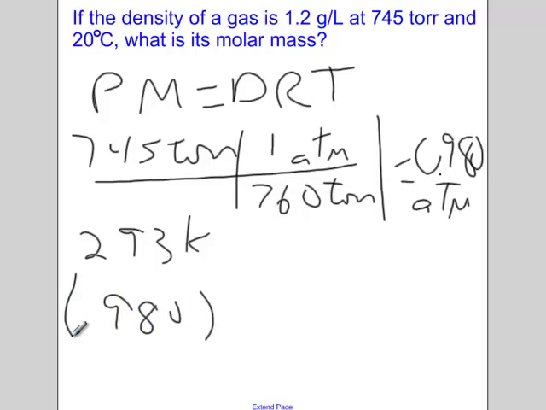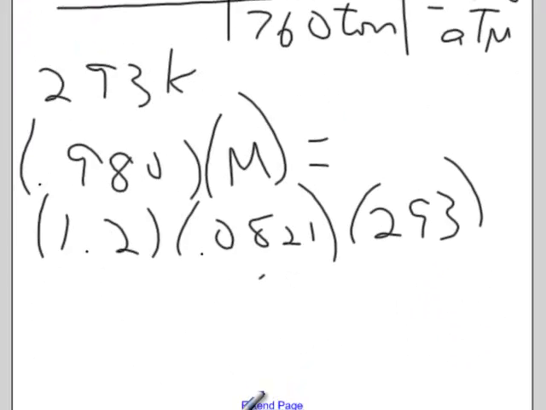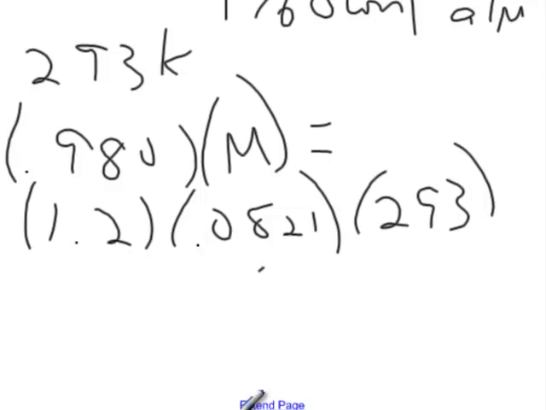0.980 times M, which is the thing we're solving for, equals 1.2 times 0.0821 times 293. Once again, a quick little calculation.